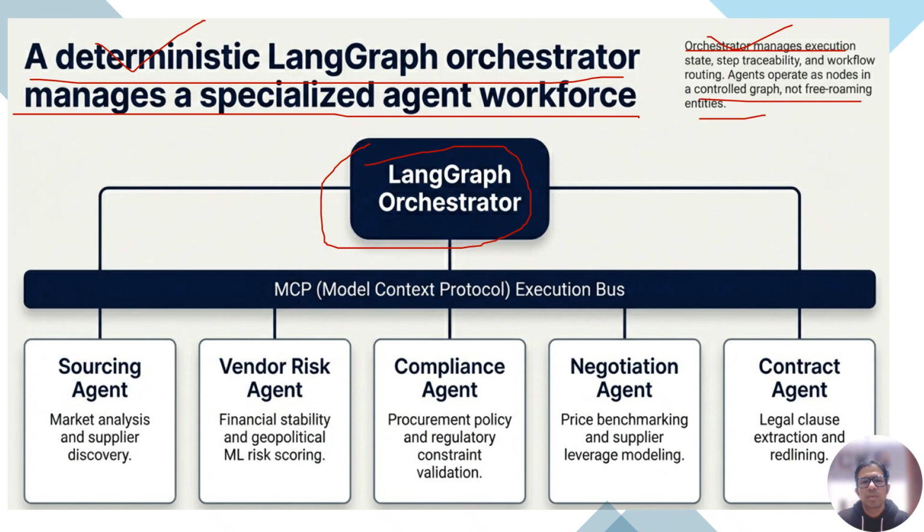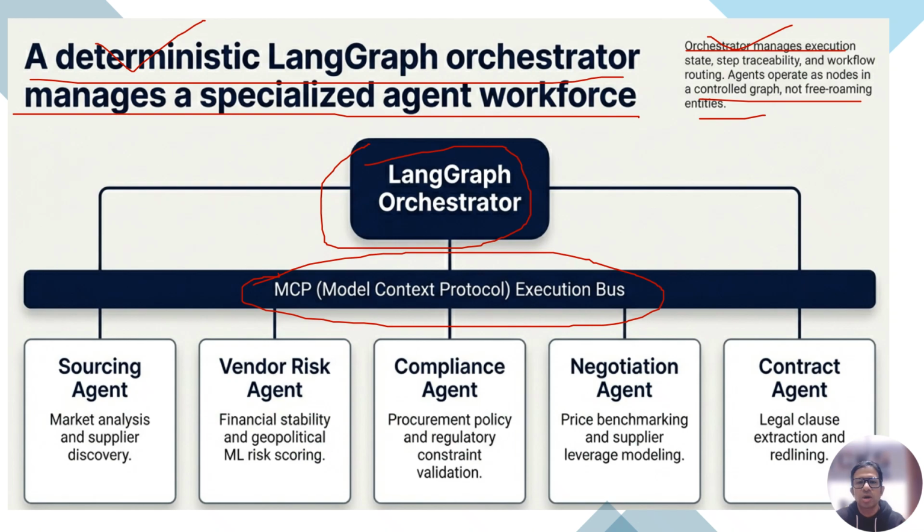MCP execution bus, standardized tool access. Now look at the long bar in the middle. See this one. This is the execution bus. Think of it as the highway that connects agents to tools and enterprise systems. And this is important because it creates standardization. Agents don't directly hit ERP or vendor systems randomly.